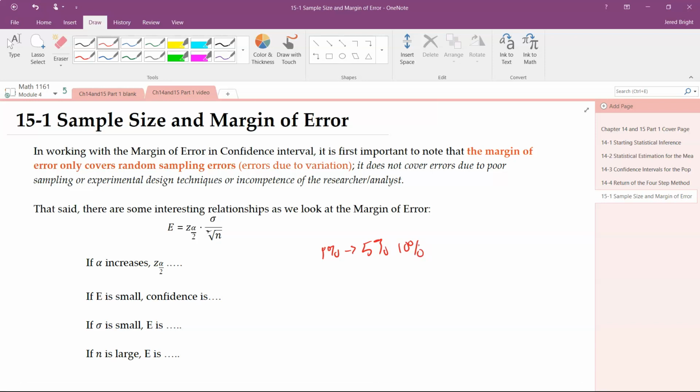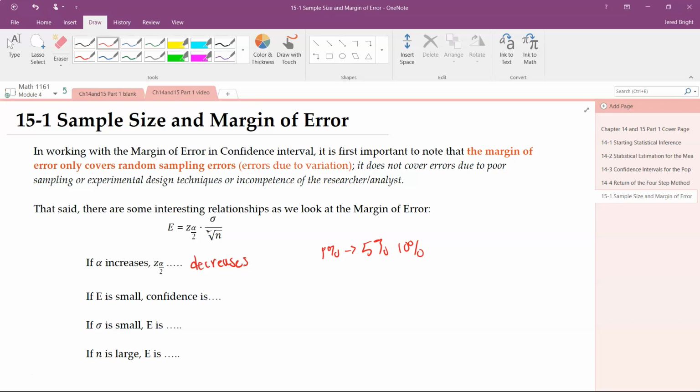So actually Z alpha decreases. I'm talking about the positive version only; if you're looking at the positive and negative, it becomes a little problematic. But as you go to a 10% alpha, that Z critical value should be smaller than the Z critical value for a 5% alpha.